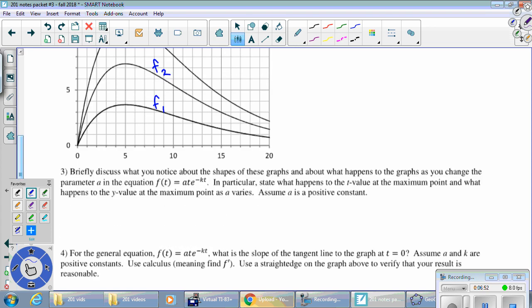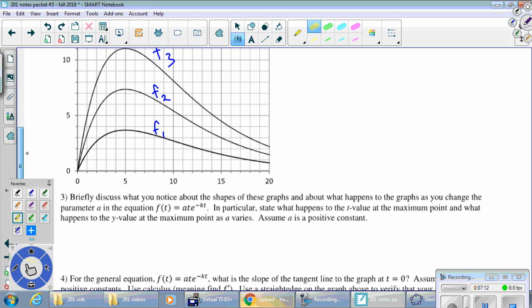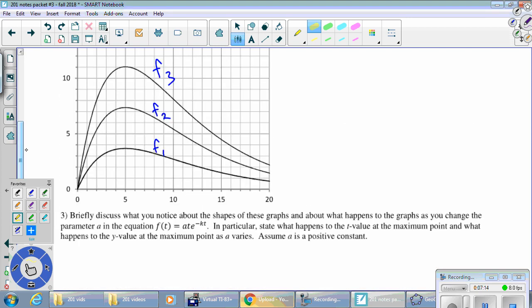Okay, what do you notice about the shapes when you change the parameter a? Remember, the only thing that was changing was the 2, 4, and 6, and that's the a right there. In particular, what happens to the t value at the maximum point and what happens to the y value at the maximum point as a varies? So looking at the maximum points on each of these 3 graphs, I'll go ahead and put dots.